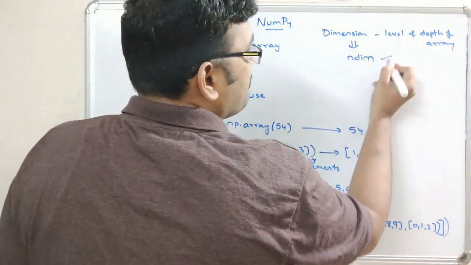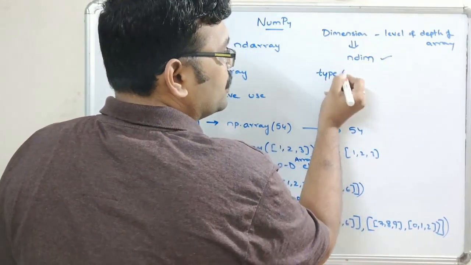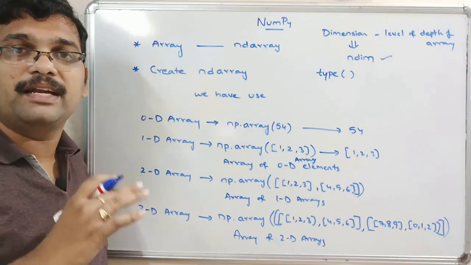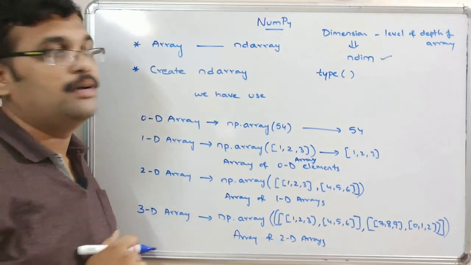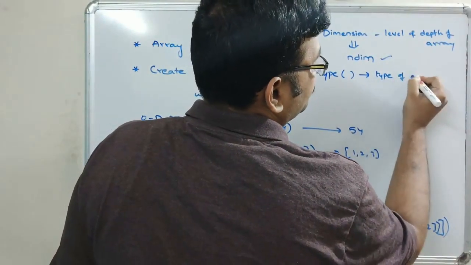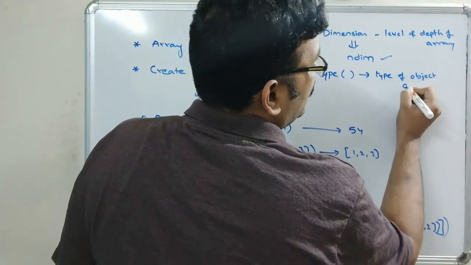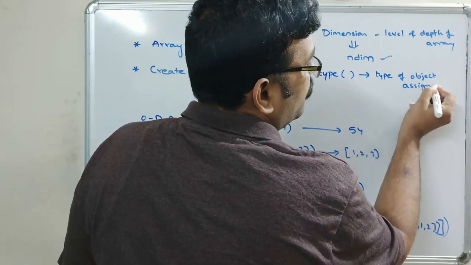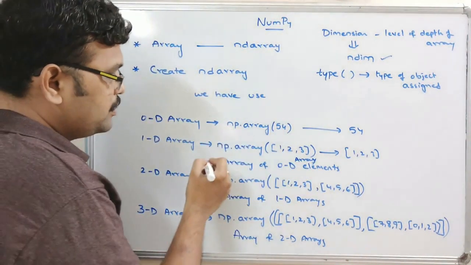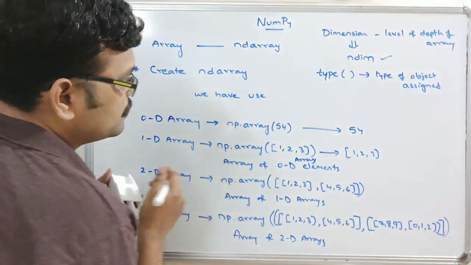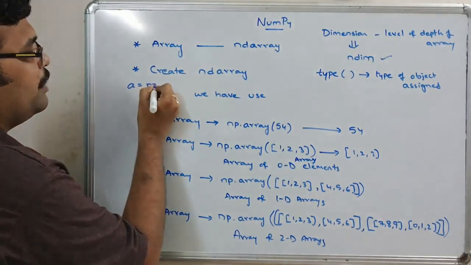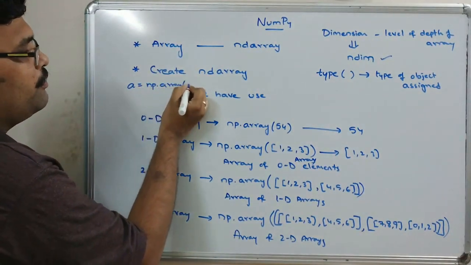And also the type function. This type function is used to tell which type of data the variable consists of. So it gives the type of object assigned to the variable. Okay, so here we are taking a is equal to np dot array of some 54.